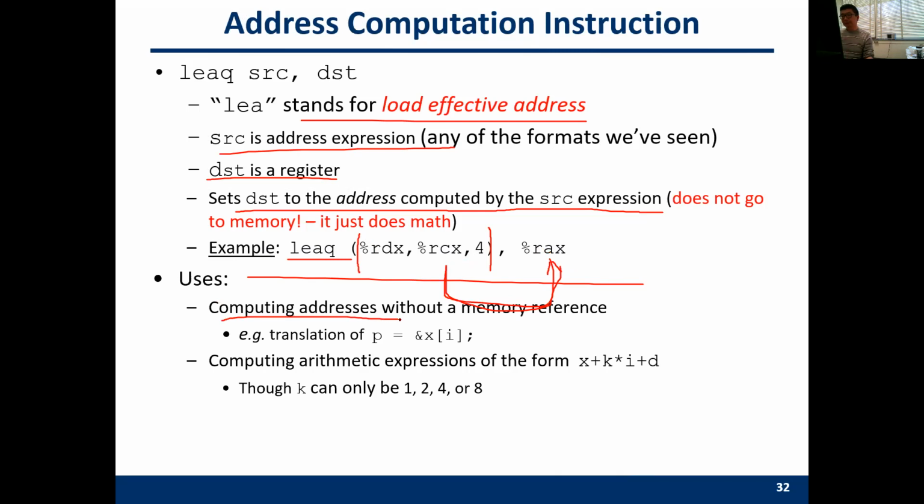For example, we can compute the address without a memory access or a memory reference. We actually store the pointer to this P. We calculate the address and store the pointer to this P.